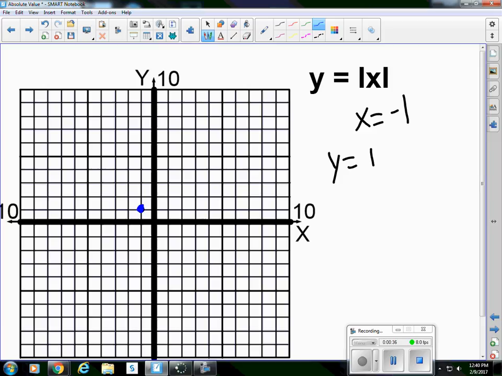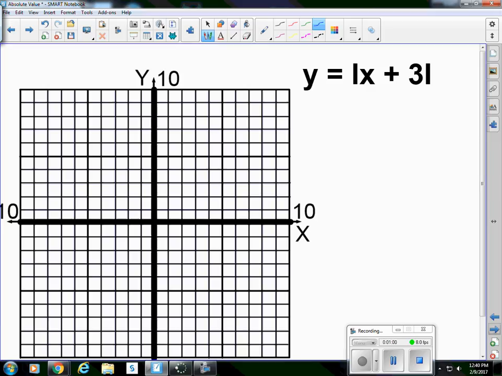And then if x is 0, the absolute value of 0 is 0. And if x is 1, the absolute value of 1 is 1. So that function continues like that. That's the absolute value function, y equals the absolute value of x.